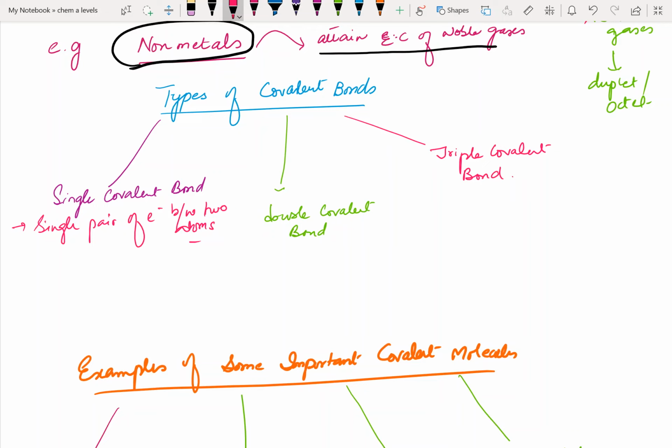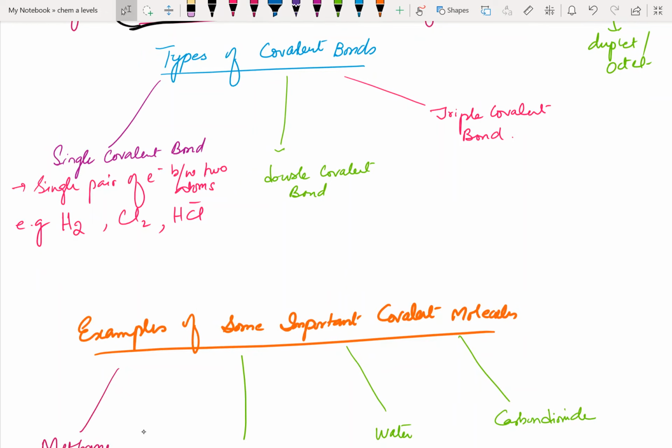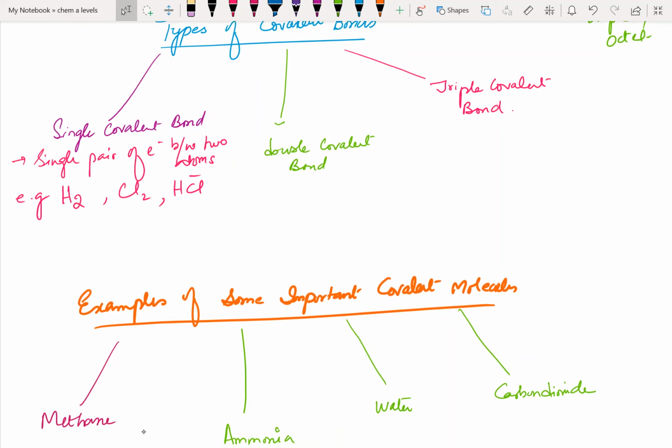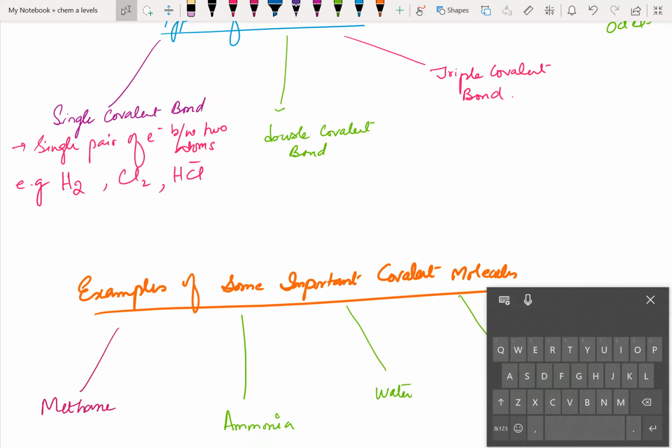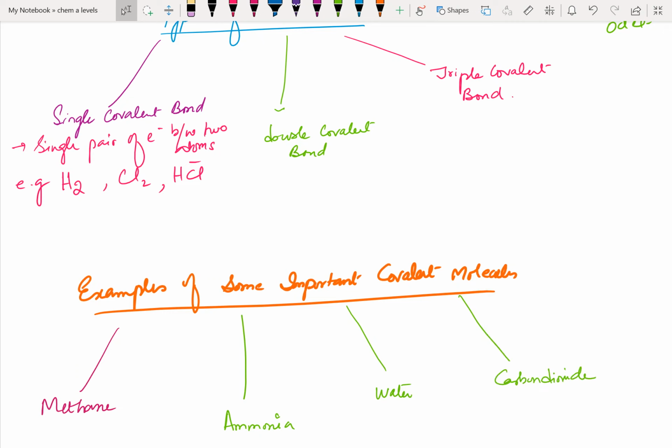For example, hydrogen molecule, chlorine molecule, HCl. These are some common examples. Let me show you one or two. We just draw the last shell to indicate the sharing of the electrons.